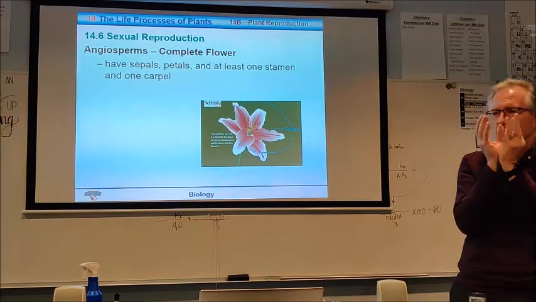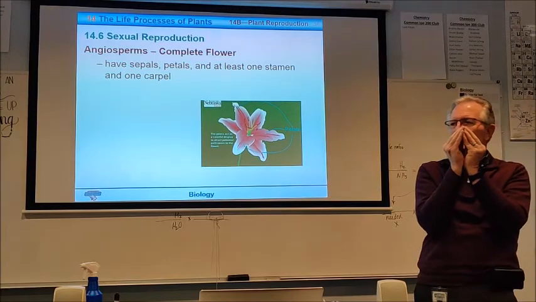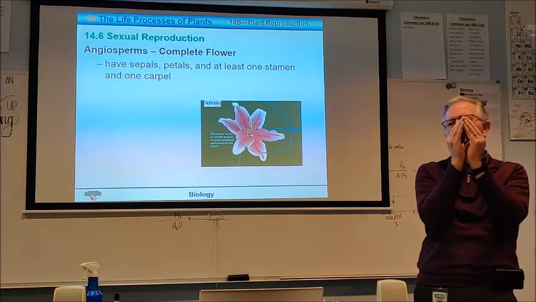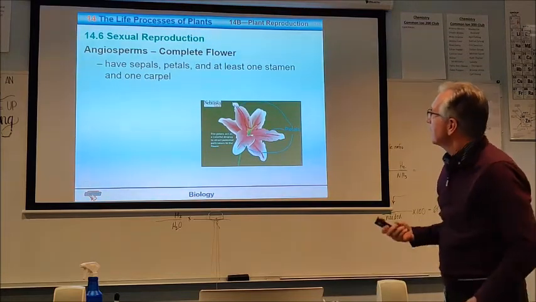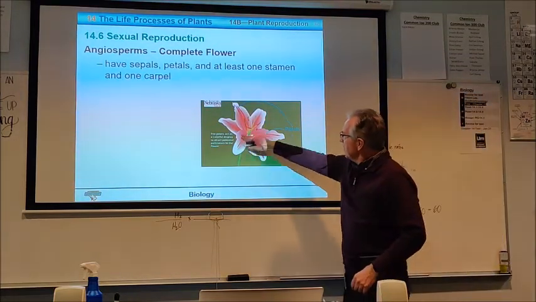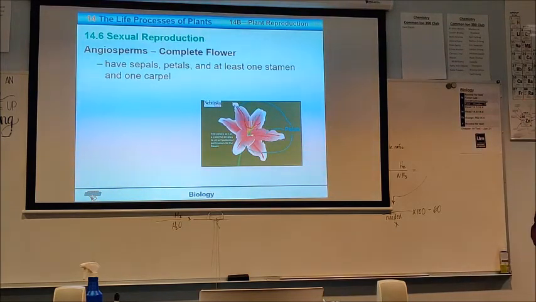They were covering up the bud originally, and then when the flower opens up, they peel back and fold down. The petals, obviously, are these, and quite often they are colored because we want to attract those animals or insects that will help pollinate it.